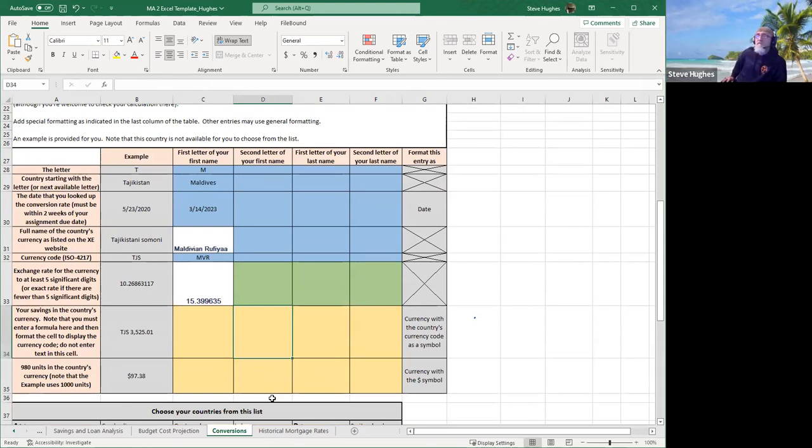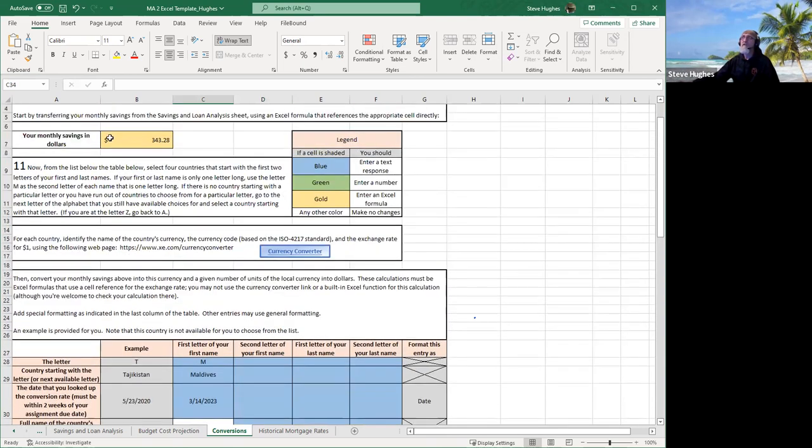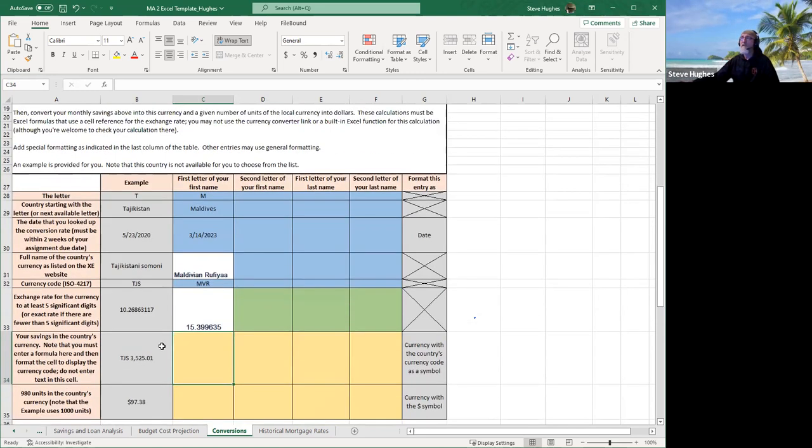Now, this says, your savings in the country's currency. Note that you must enter a formula here and then format the cell to display the currency code. Do not enter the text in this cell. No text. So up here, here's my savings right there. What is $343.28 in this country's currency? All right.